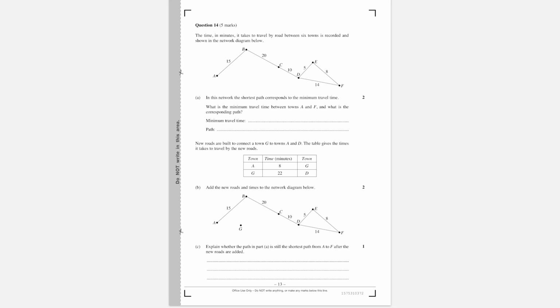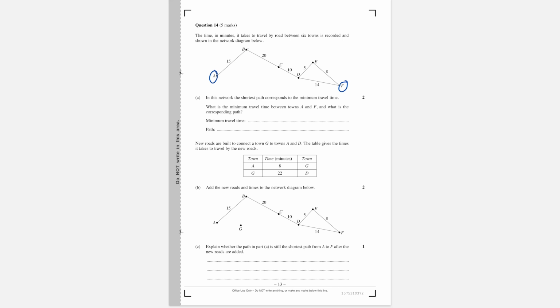All right, question 14. The time in minutes it takes to travel by road between 6 towns is recorded and shown in the network diagram below. In this network, the shortest path corresponds to the minimum travel time. What is the minimum travel time between towns A and F, and what is the corresponding path? Okay, so to get from A, which is here, to F, we don't have much of a choice.